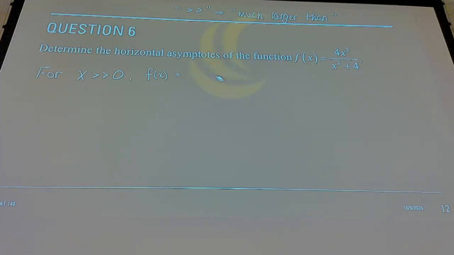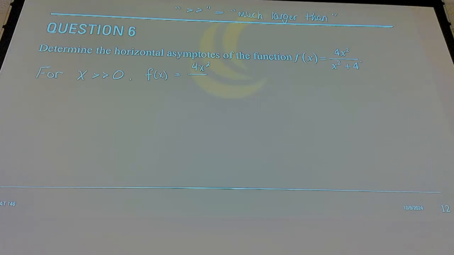But the denominator, if you take an extremely large value of x and square it, it's going to be extremely large, right? Add 4 to that. Is it really going to notice? Think of an extremely large number, add 4.